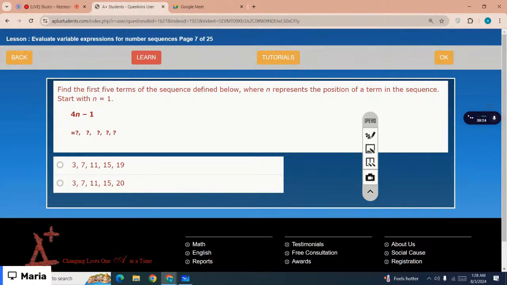The correct option is, very good, option number 1. They are 3, 7, 11, 15, and 19.